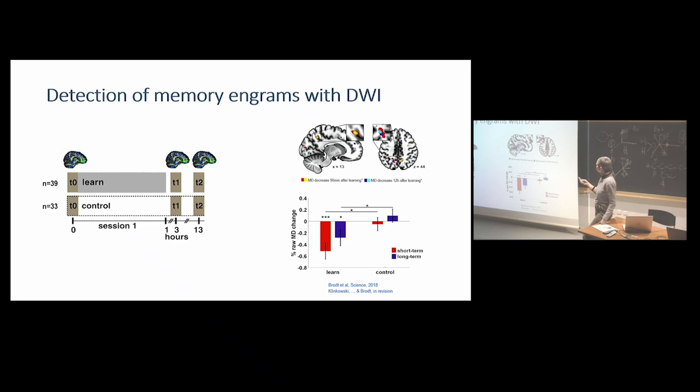You can also use diffusion-weighted imaging to do some neuroscience, and this is what Svenja Brot in Tübingen did. She made her volunteers learn things, and she investigated them with diffusion-weighted imaging at only 90 minutes after learning and 12 hours after learning. And what you can see here is that you have a reduction in the mean diffusivity, or the apparent diffusion coefficient, due to this learning.